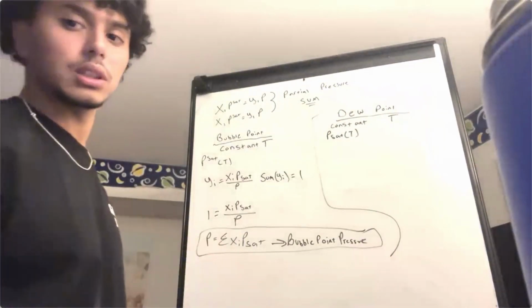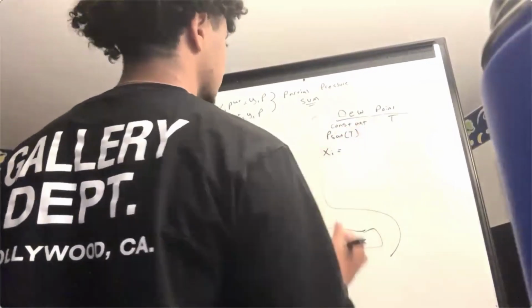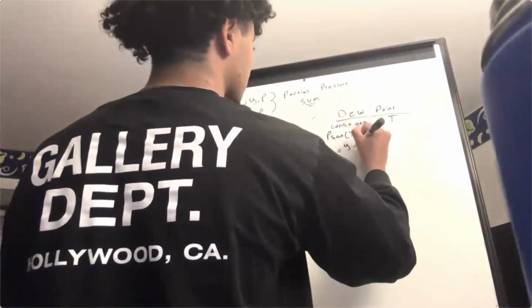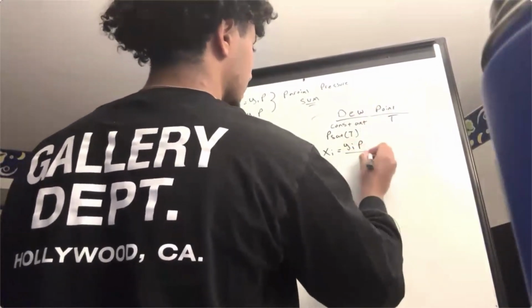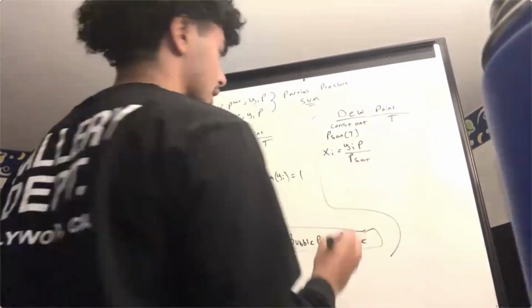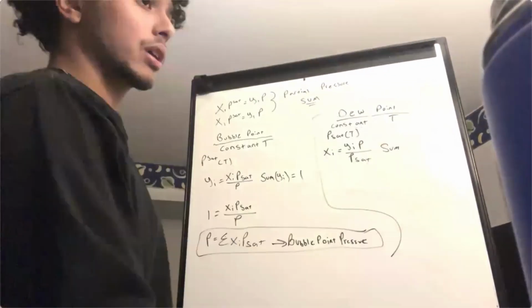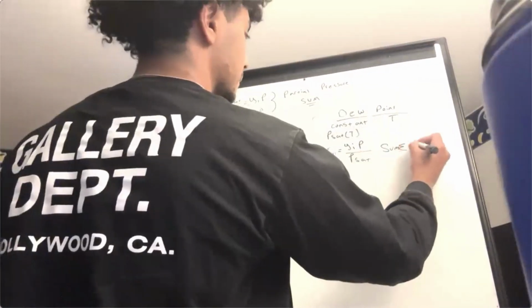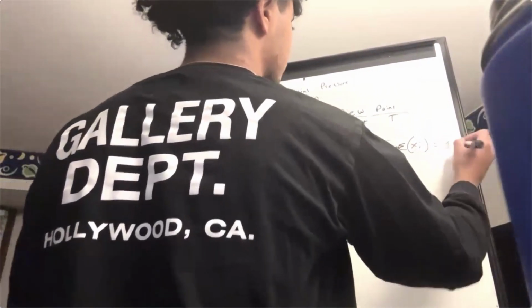This one's going to look a little bit different. We're starting with the liquid mole composition, Xi, equal to the vapor mole composition times our total pressure divided by our saturation pressure. As we stated before, the sum of the liquid composition this time is equal to 1.